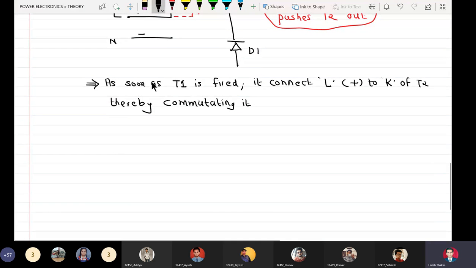Now it is just like R only, R load. So T1 D1 becomes the conducting pair.